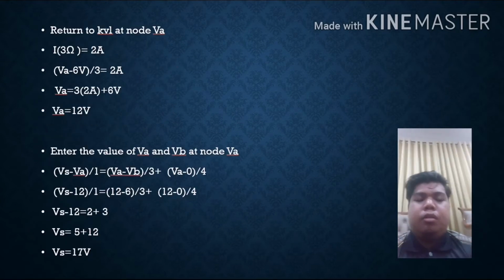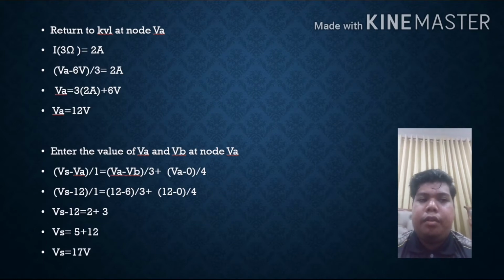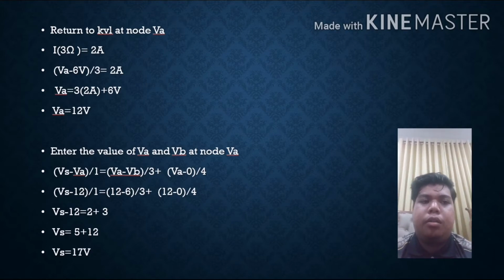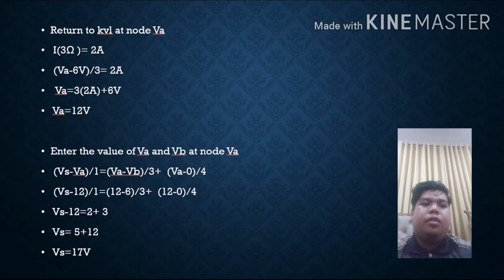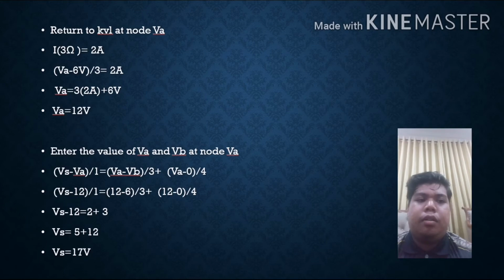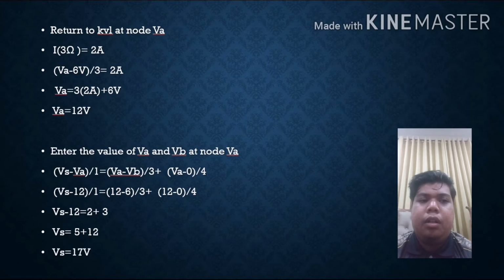So we return to KVL at node VA. So we have found at VB that the current at the 3 ohm resistance is 2 ampere. So we will use Ohm's law again to find the voltage. So we will get VA minus VB per 3 equals 2 ampere.